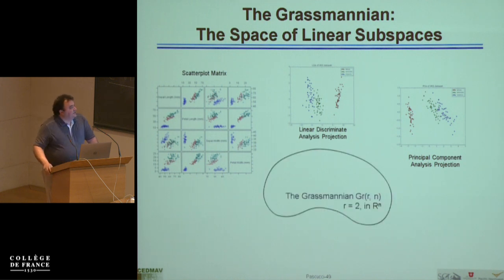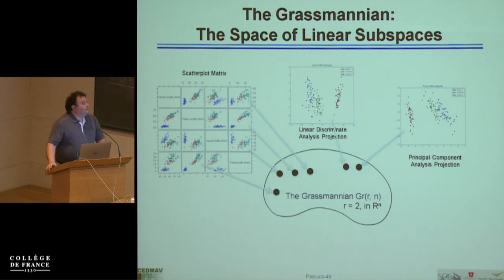Fortunately, this is actually a well-studied manifold. It's called the Grassmannian. It is a manifold where every point corresponds to a view that maps my n-dimensional data to my points on the screen.